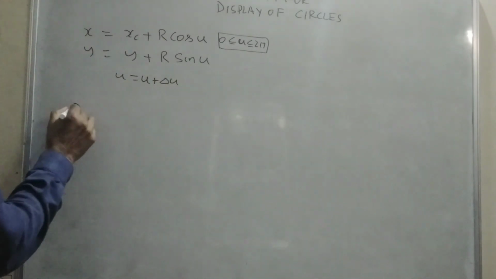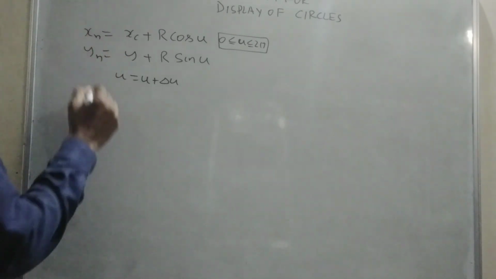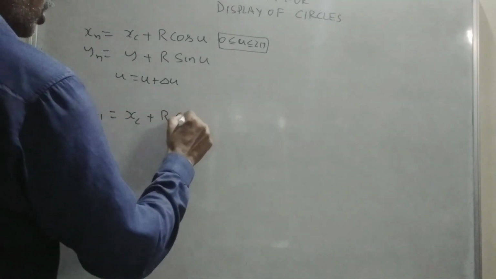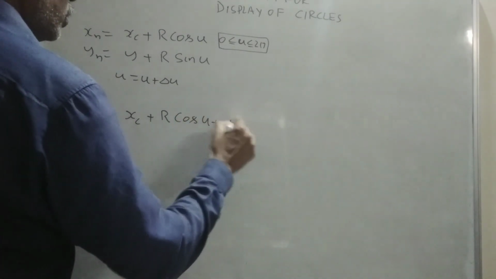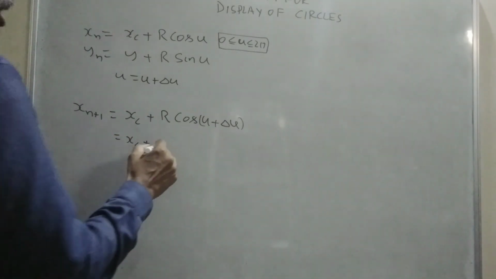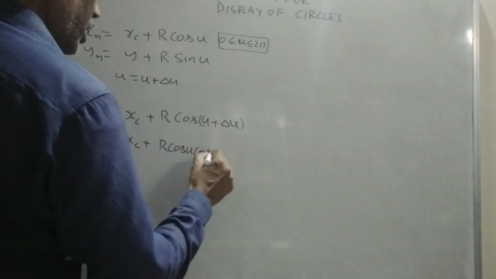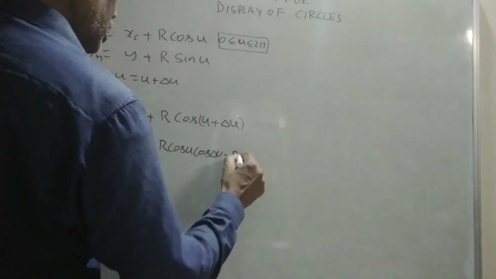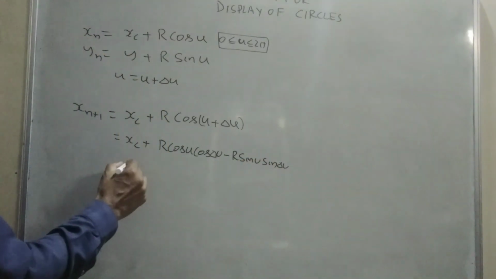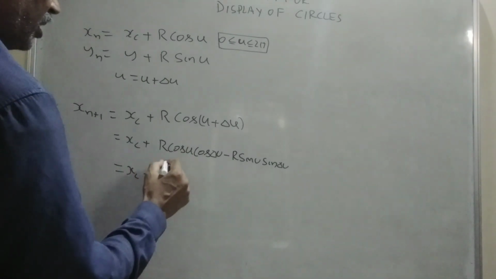That means xn plus 1, where xn and yn is the current point. xn plus 1 is equal to xc plus r cos (u plus delta u), which equals xc plus r cos u cos delta u minus r sin u sin delta u.